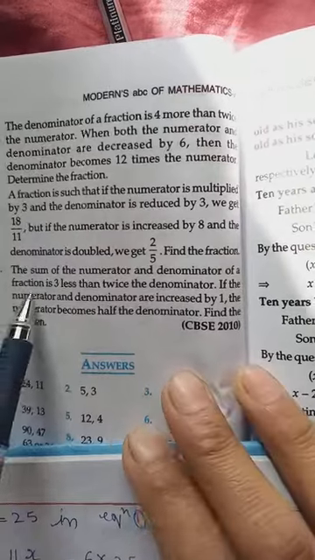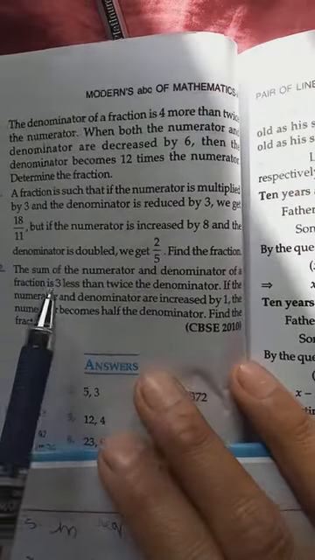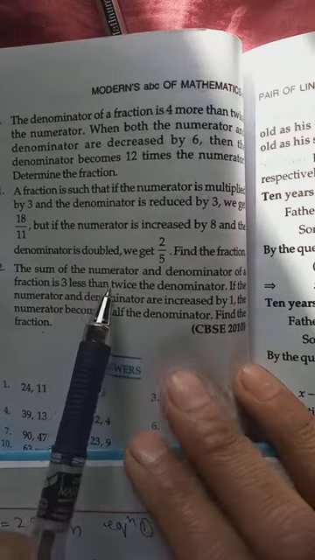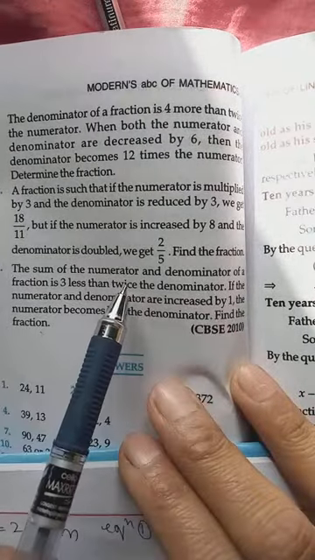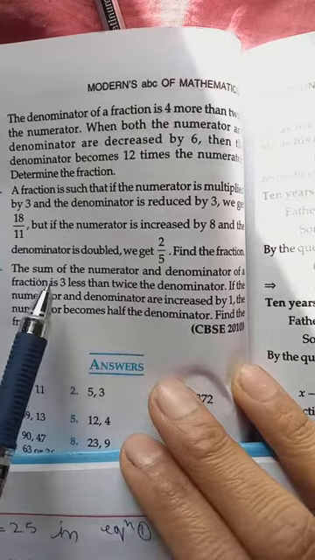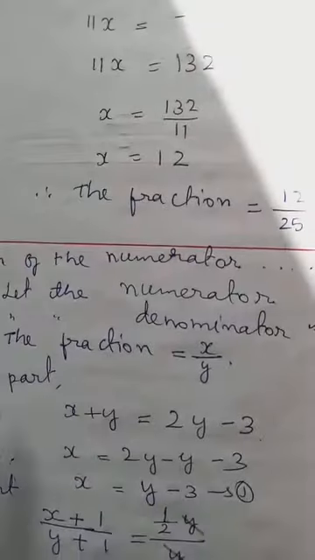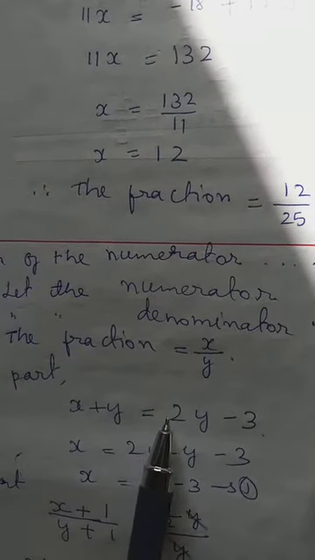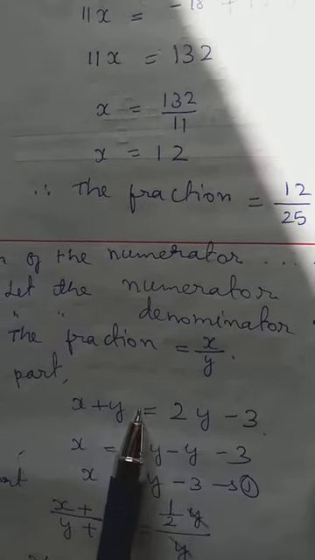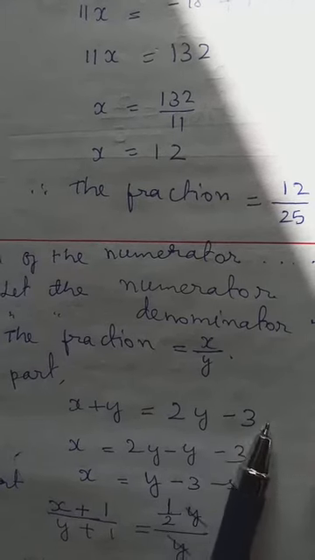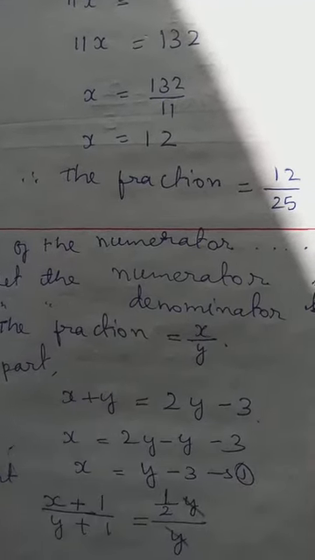The sum becomes equal to 3 less than twice the denominator. So twice means 2 the denominator, less means we minus 3. When we add numerator and denominator, it will be equal to twice the denominator less 3, meaning minus 3.